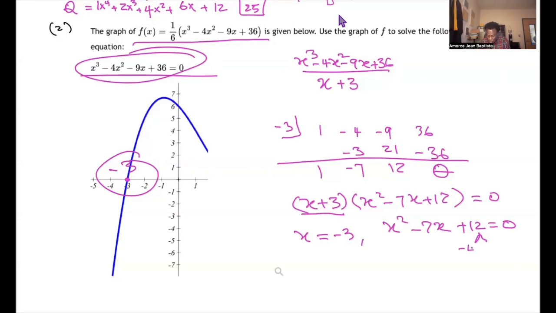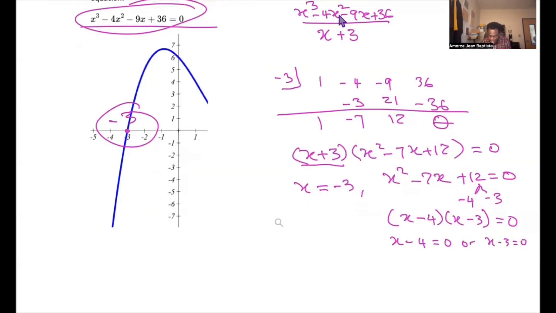So that's -4 and -3. So we factor this as x minus 4, x minus 3 equals 0. We get x minus 4 equals 0, or x minus 3 equals 0. And then finally, x equals 4, x equals 3. So we have all the zeros of the polynomial.